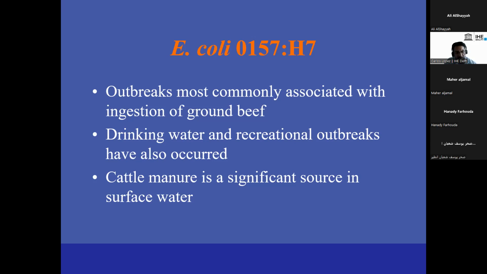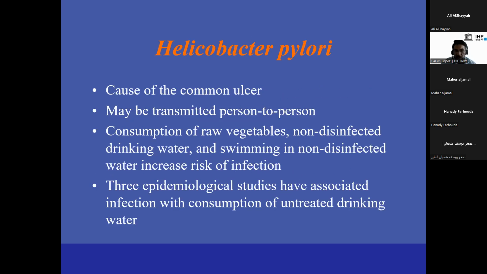So in those areas where there is a lot of cattle, and there is runoff that flushes the cattle and agricultural areas, this E. coli can reach the surface water bodies, and if that water is used for drinking water, that's how they can get in contact with human beings.